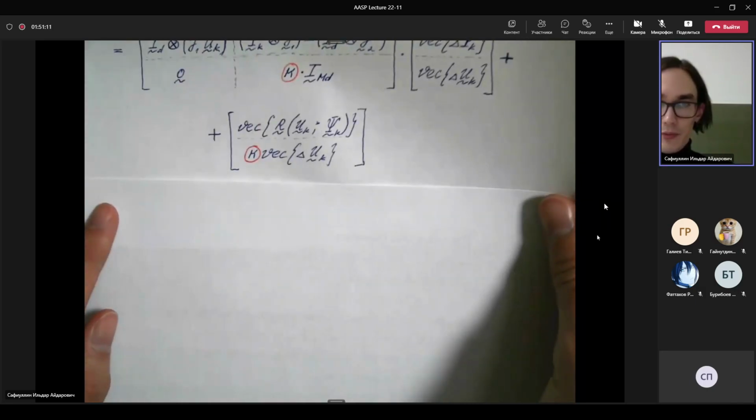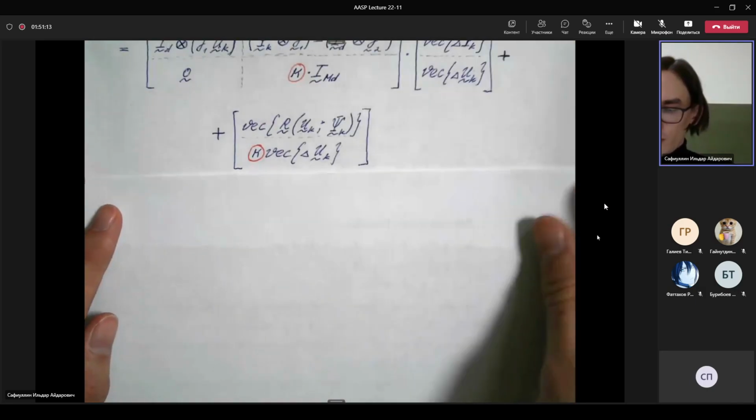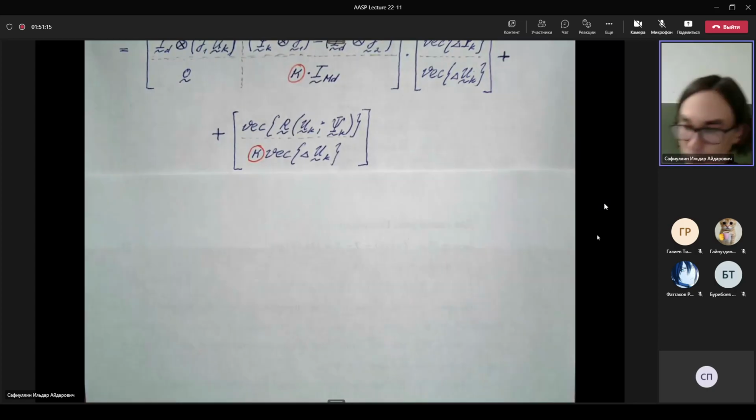Or maybe we can start with vectorization. So let's start with vectorization.